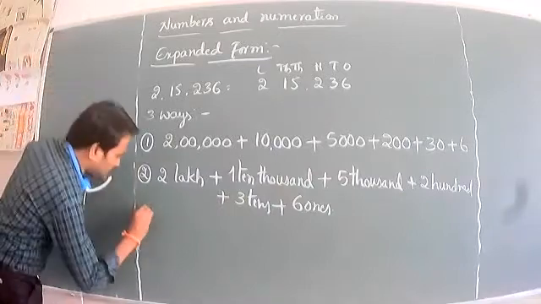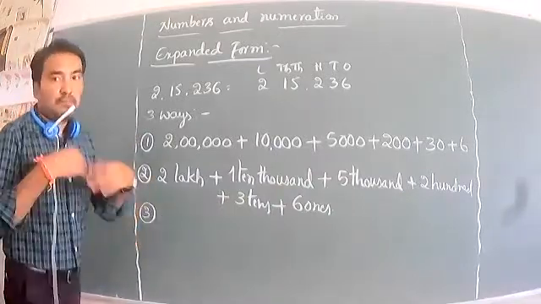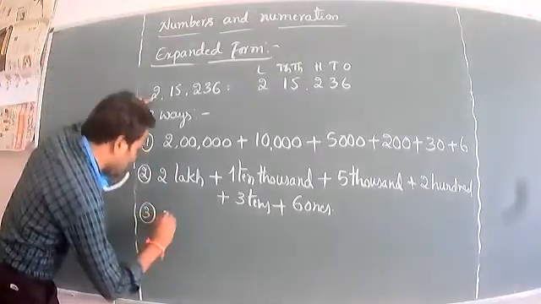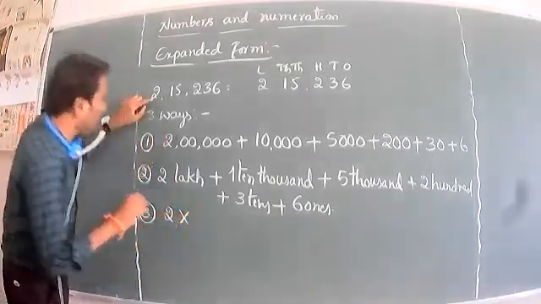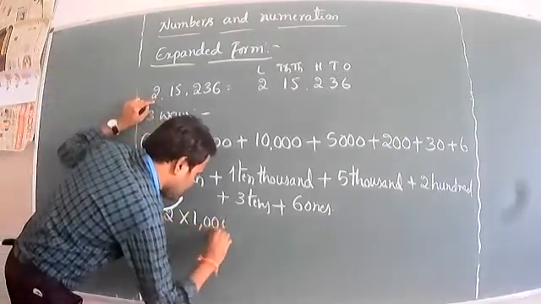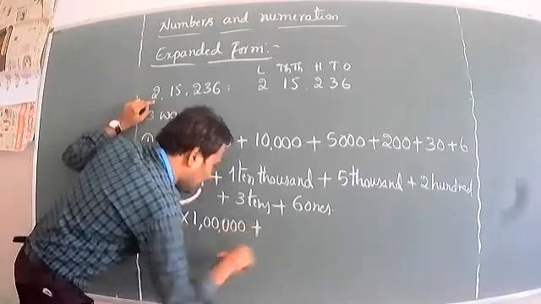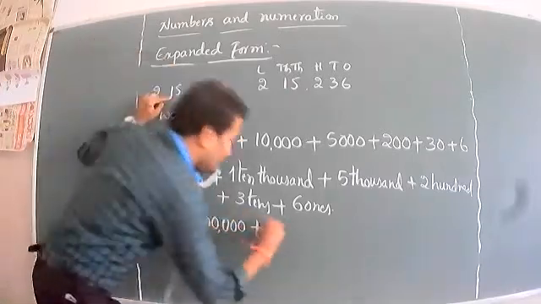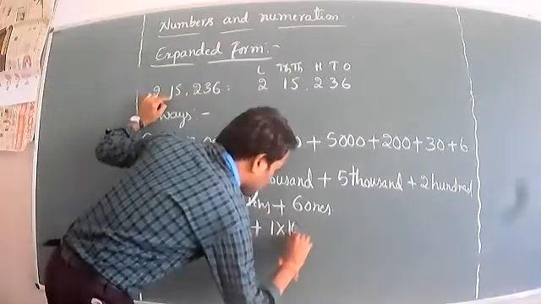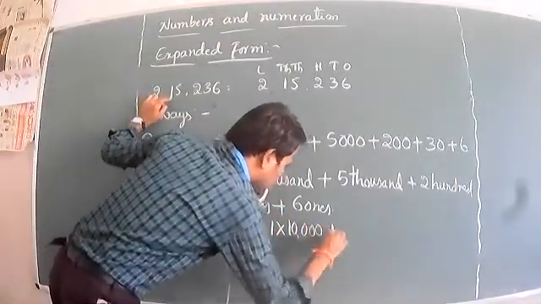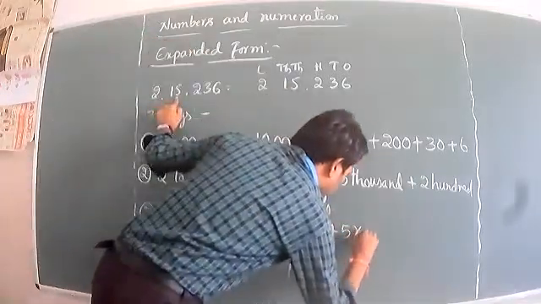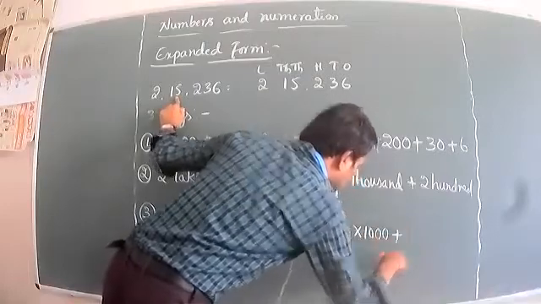Third way: multiply the places using the given numbers. Here, 2 into lakh. Next, 1 into 10,000, plus 5 into 1,000.